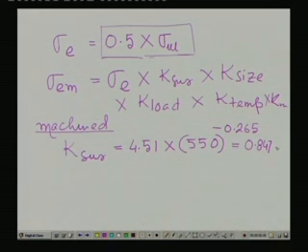Now, in a similar manner, one can find out the value of K size.